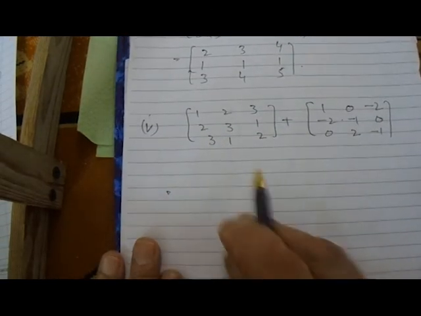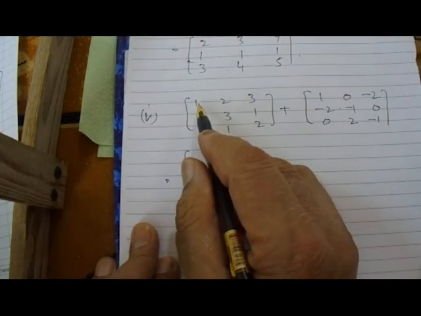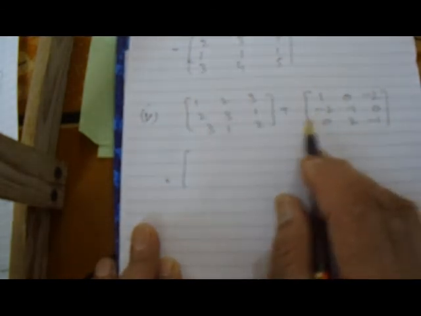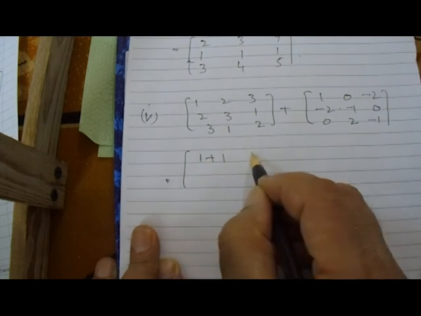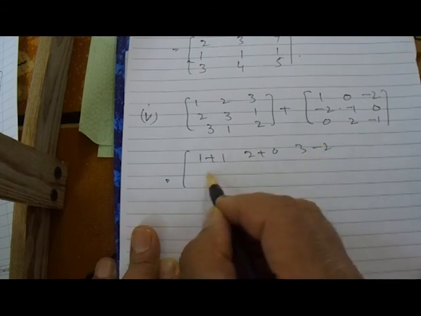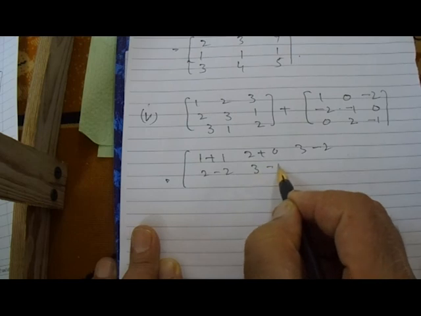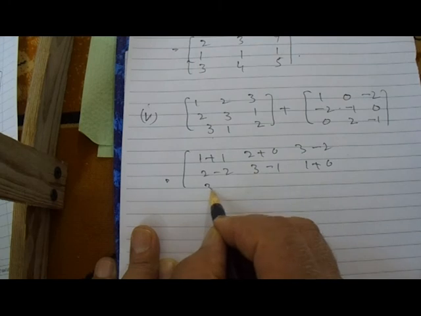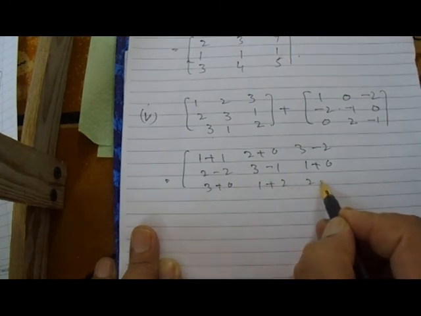Now here again it is our fifth part of this question. Now we add these elements, corresponding elements of this matrix and this matrix. This corresponding: 1 plus 1, 2 plus 0 and 3 minus 2, 2 minus 2, 2 minus 2, 3 minus 1, 1 plus 0, 3 plus 0, 3 plus 0, 1 plus 2 and 2 minus 1.